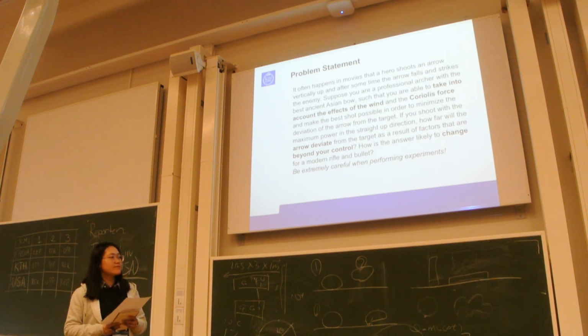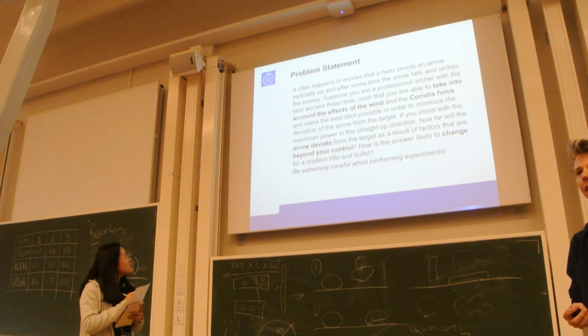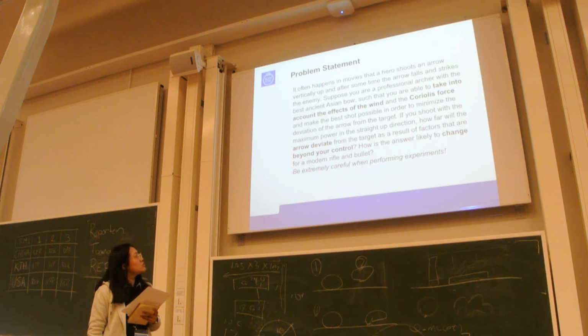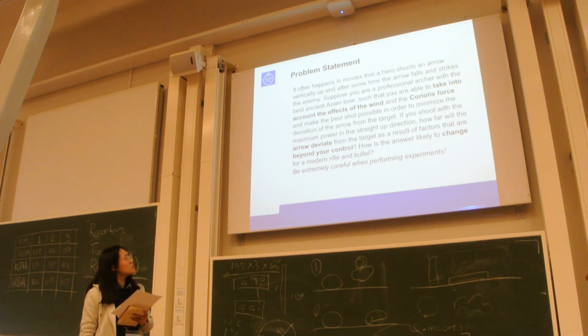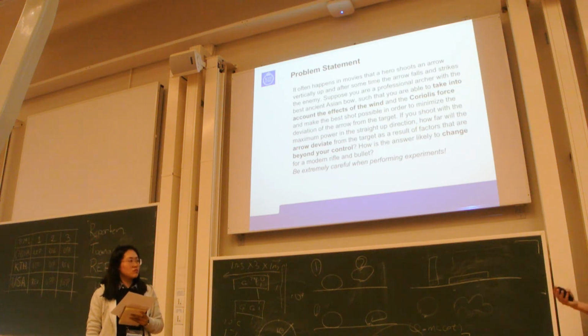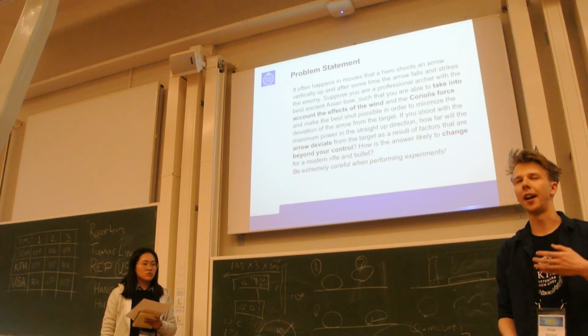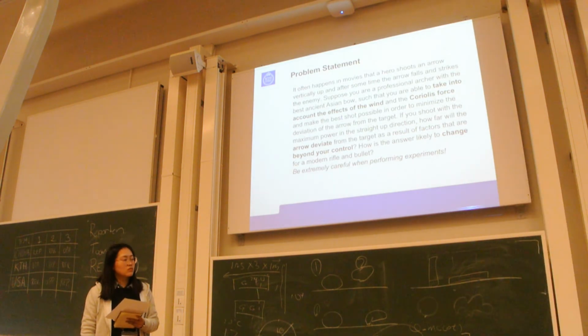The problem statement also asks how far the arrow will deviate as a result of factors that are beyond our control, so things that we can't take into consideration. And then it also asks how this answer is likely to change for a modern rifle and bullet. We believe that the reporting team have not actually answered this question as it is stated in the problem statement.